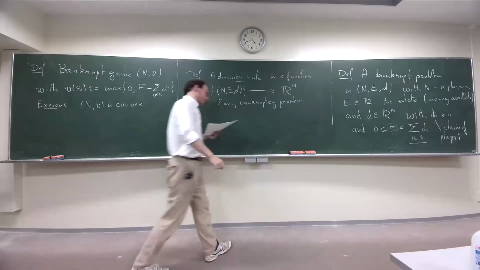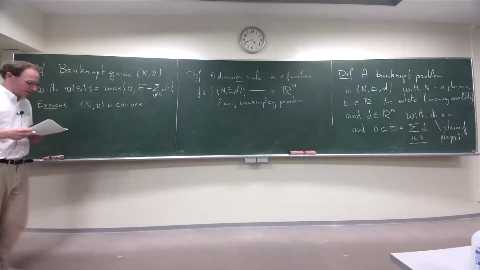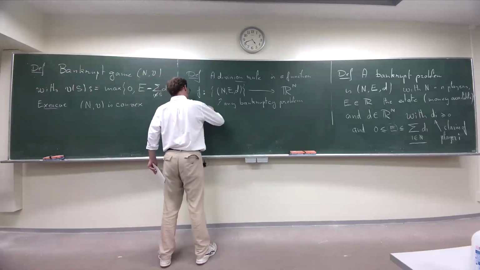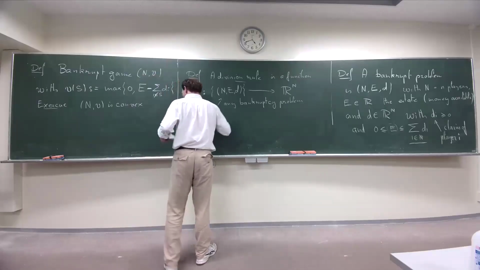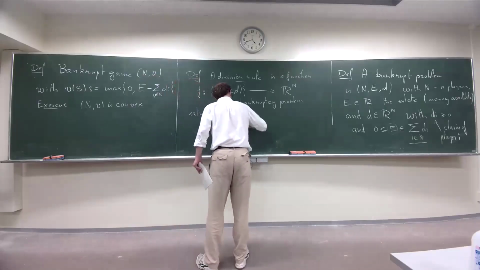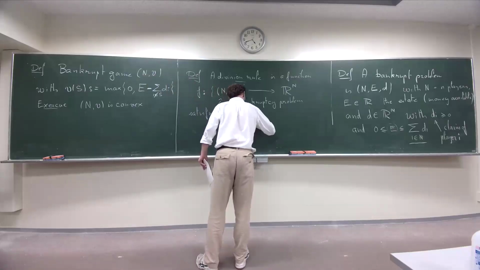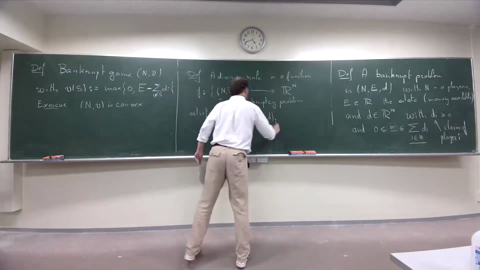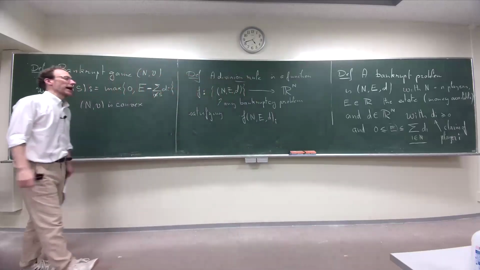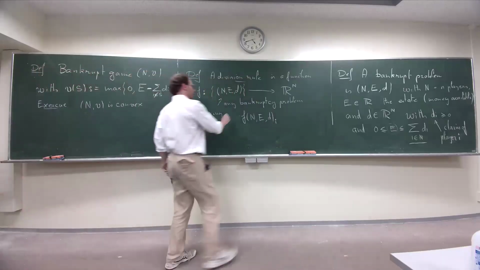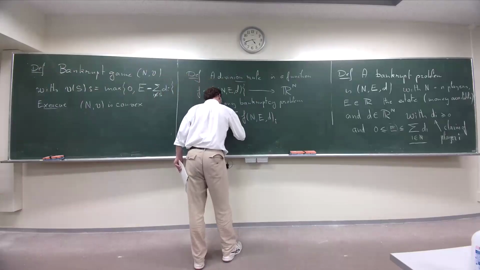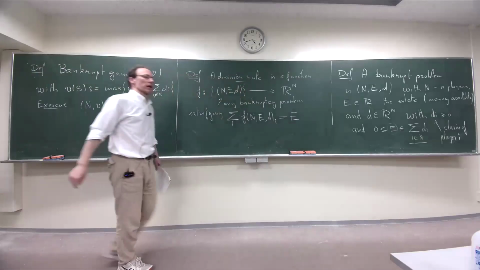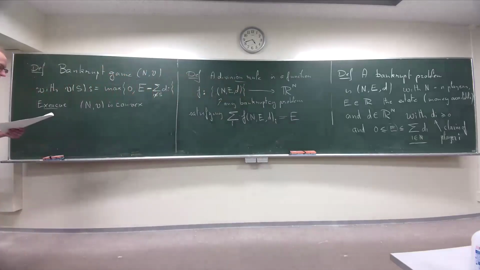So I want to have such a rule, and of course this F is not unique, but it has to satisfy a few things. If I look at what player i gets, this is the entry i of this vector, and if I sum over all players, I should get E, because the total amount should be distributed.